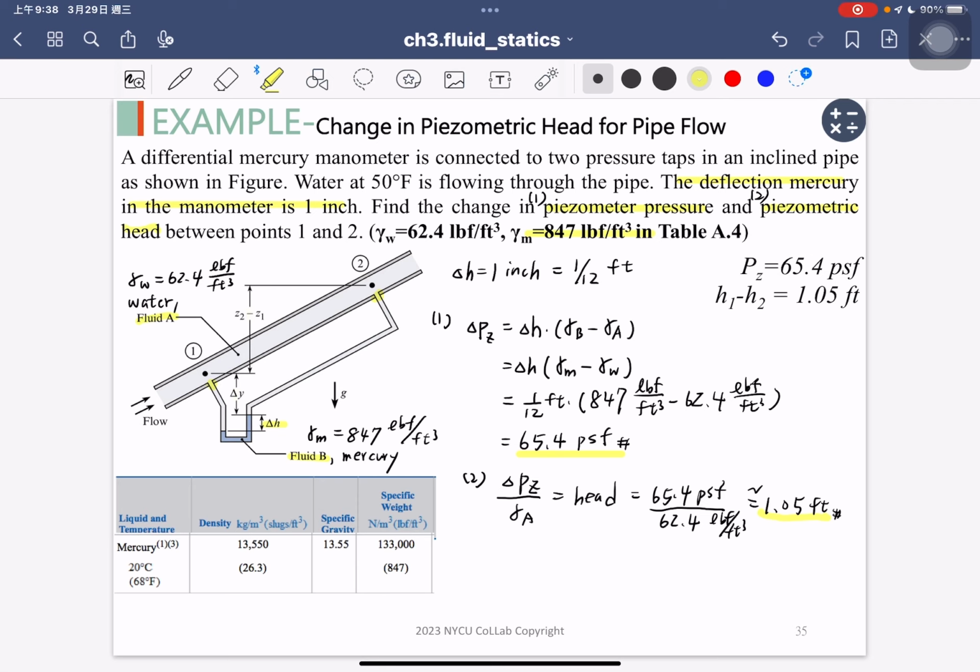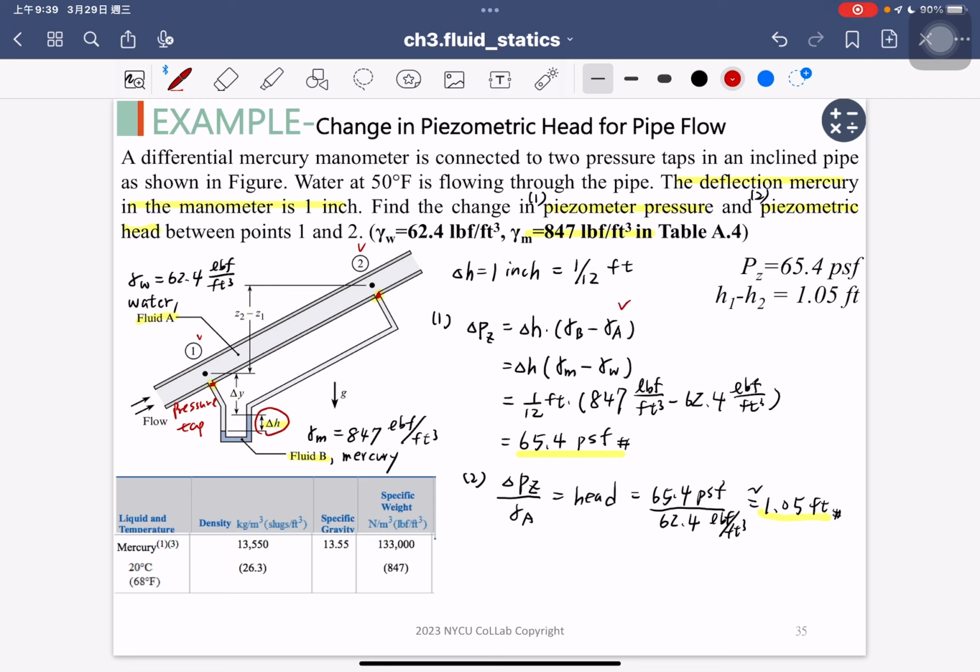So again, I want to emphasize the idea. If you want to measure the pressure difference between point 2 and point 1, you just put the pressure taps here and here, and then you will observe the diffraction height difference, and you can compute just based on the equation shown here.